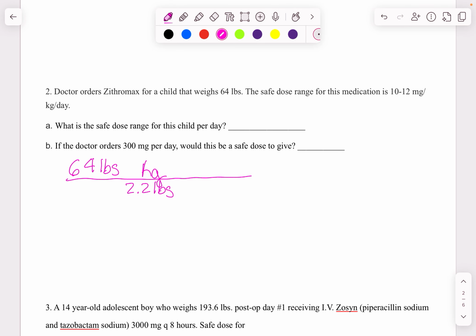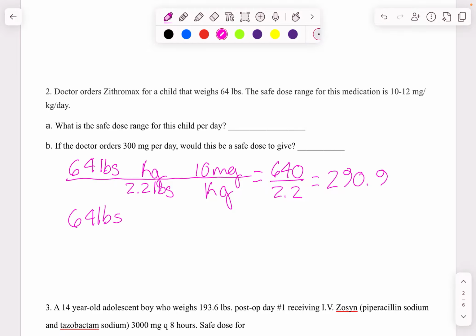Then we'll do the low end, 10 milligrams per kilogram. Okay, and that gives us 640 divided by 2.2 is 290.9.